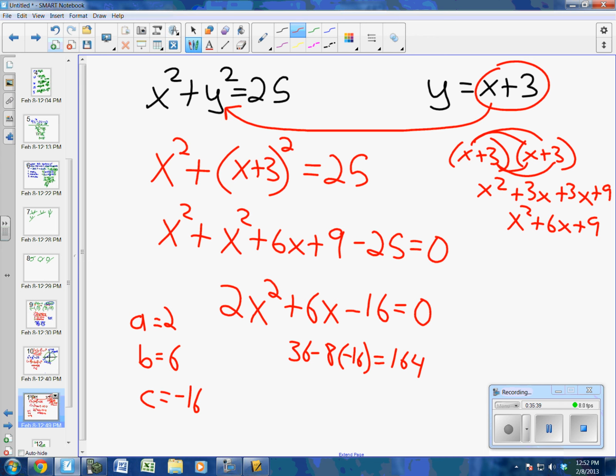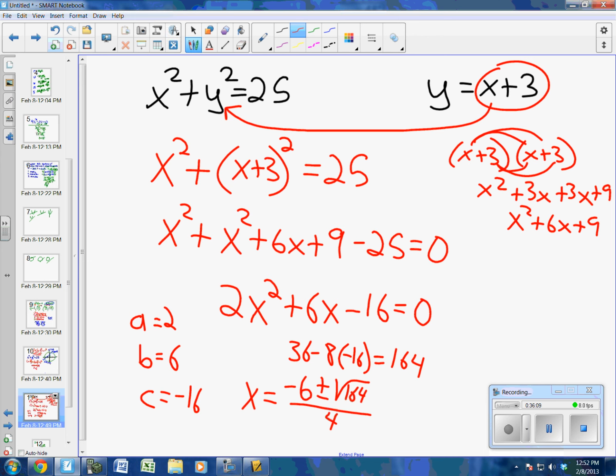Okay, so we're going to have x equals negative b, which would be negative 6, plus or minus the square root of 164, all over 4. By the way, we don't care to leave this in terms of a square root right now for this answer, do we? We want to find an x and y coordinate. So guess what we're going to do?